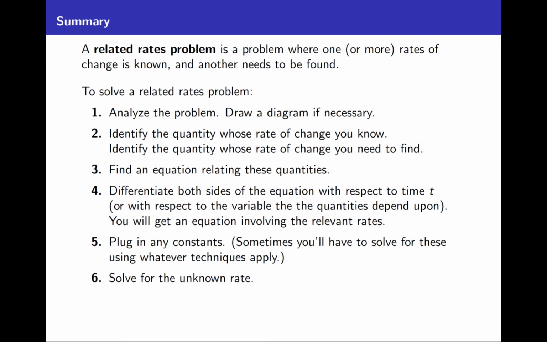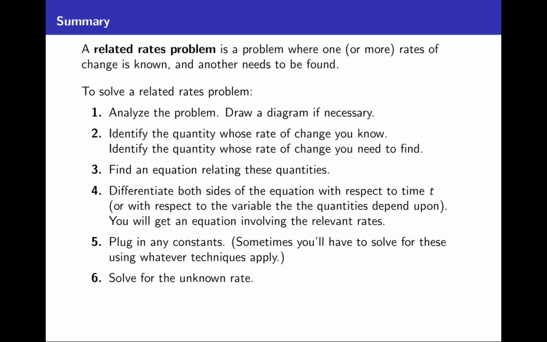A couple of pitfalls that I want to talk about briefly, and I see this happening a lot when students first start off with rates of change: sometimes there can be a temptation to carry out step 5 too quickly. If you plug in the constants before you differentiate both sides, you'll get an equation relating constants, and then you differentiate and you get 0 equals 0.